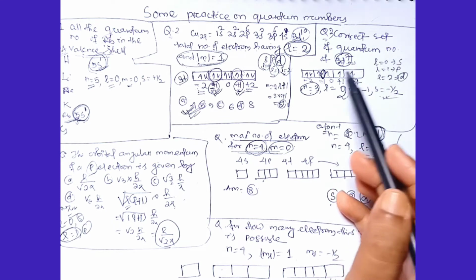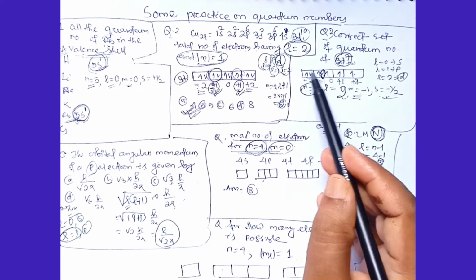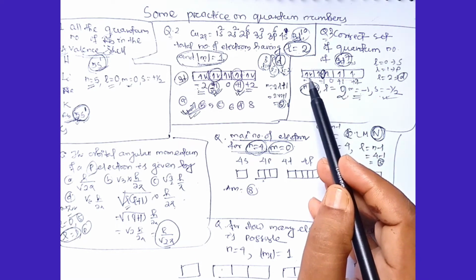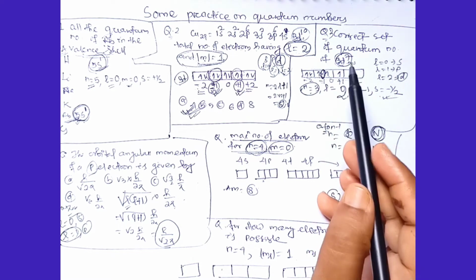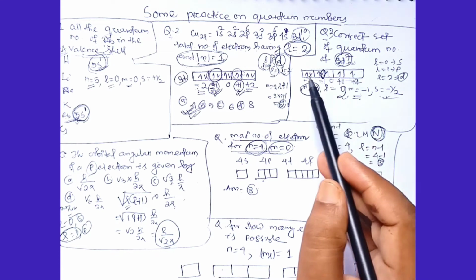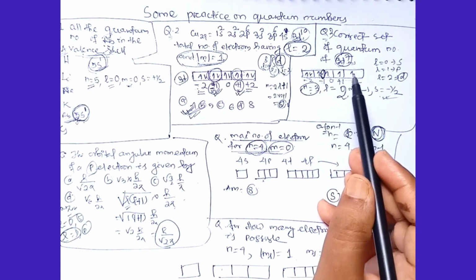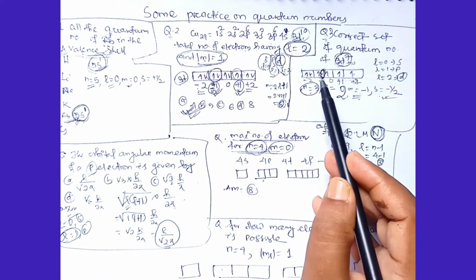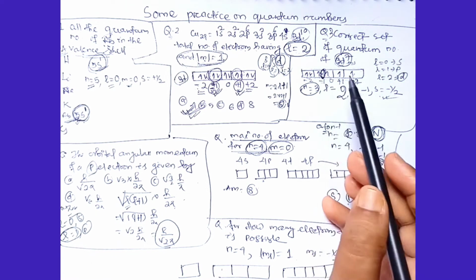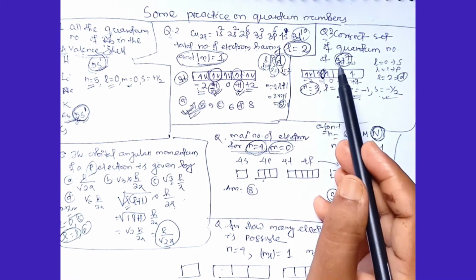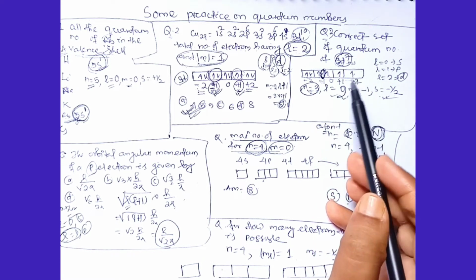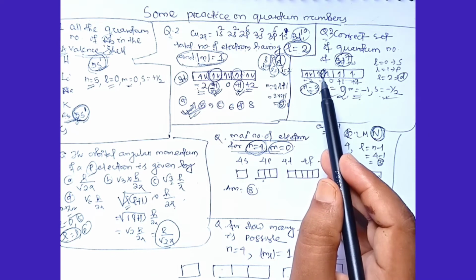Correct set of quantum numbers for 3d7. This is the 3d subshell. There are 5 orbitals, and you have to assign 7 electrons here: 1, 2, 3, 4, 5, 6, 7. We have to find all the quantum numbers for this 7th electron. Here 3 means n equal to 3, and for d, l equal to 2, and we have to assign the m value for this electron.